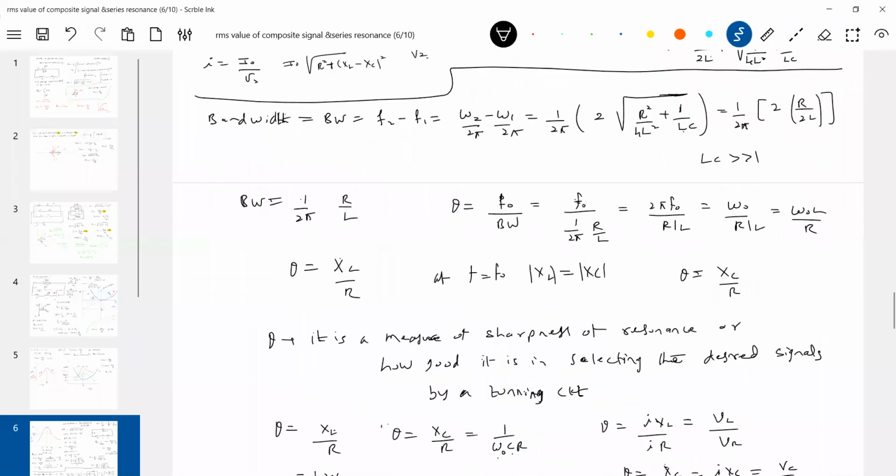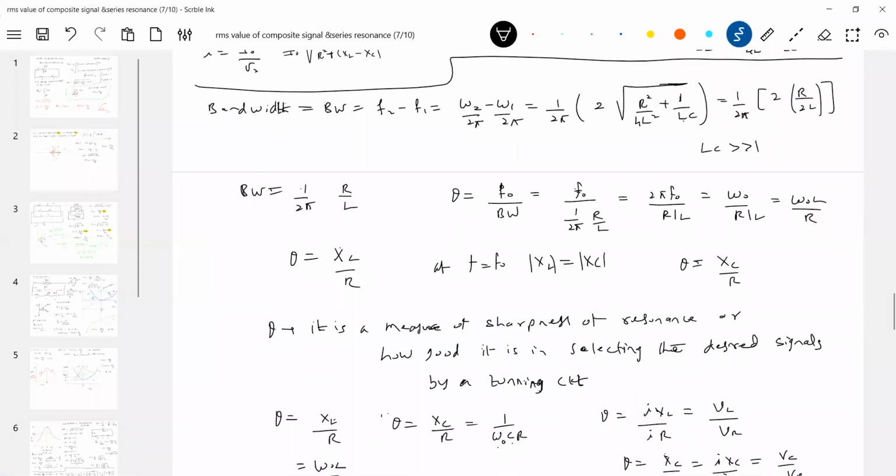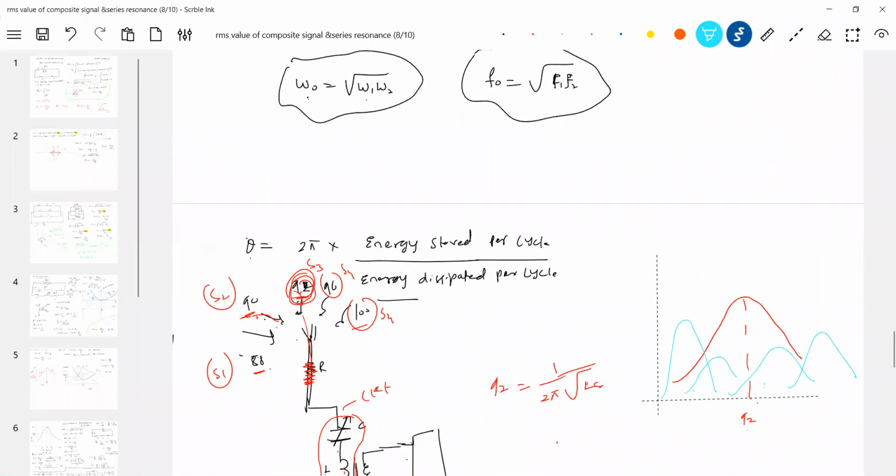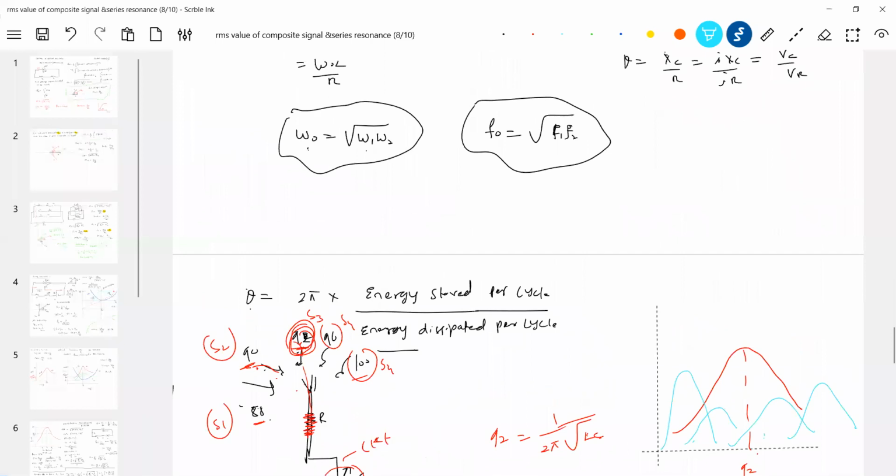Quality factor is equal to this, from the graph. Graphically, we'll calculate this. From circuit parameters, this particular formula. Do remember this. Then in terms of energy, this is the formula. So there are different ways of expressing it, and the resonant frequency and cutoff frequencies are related by using this equation.